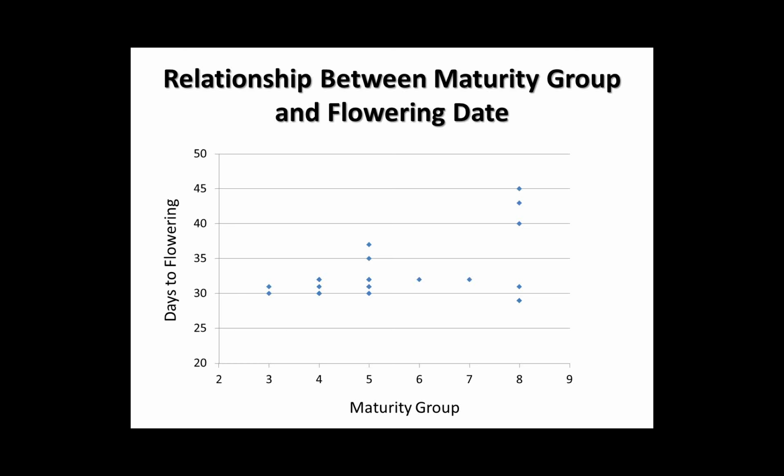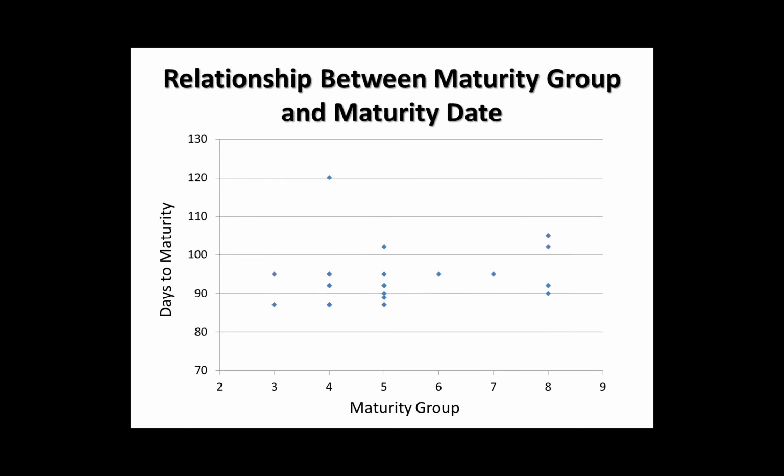And we don't know what genes these lines have, but perhaps some of these group 8s may have the long juvenile trait. I'm not sure. So that's just the relationship between maturity group and days to flower. And then we have days to maturity. Interesting, there's that group 4 line that has pretty late maturity. It would be interesting to follow up on that to see whether that potentially would have some unique genes to give it that longer days to maturity.